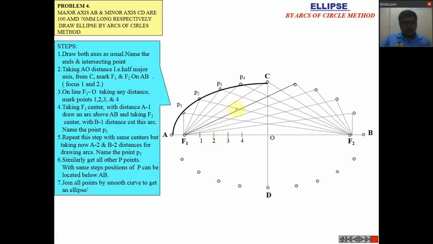So the same procedure you have to follow to get all these points, then join with freehand or with the use of French curves. So in this way you can generate a complete ellipse with the use of the arc of circle method. This is one of the important methods to generate an ellipse.